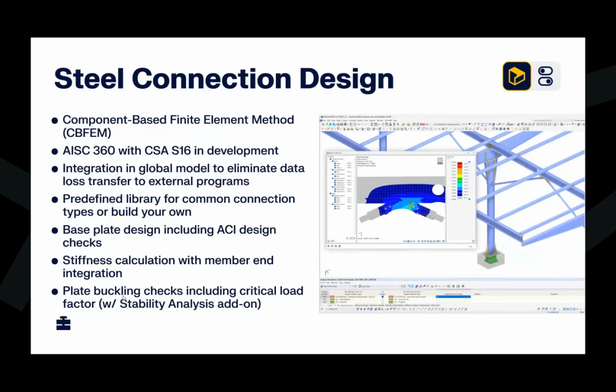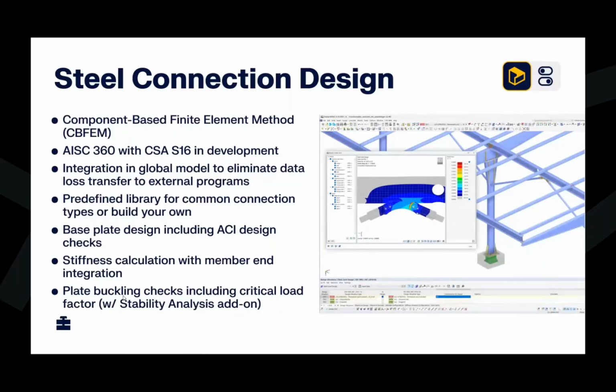Full base plate design is also included with the ACI design checks for that foundation block. Another unique point is that we can fully calculate the stiffness of this connection. So with connections, they're typically not fully pinned and not fully rigid, but somewhere in between. So the steel joints add-on will calculate this stiffness for us.